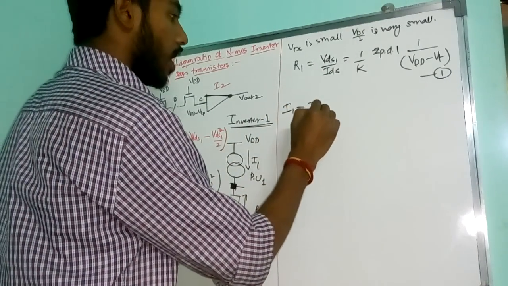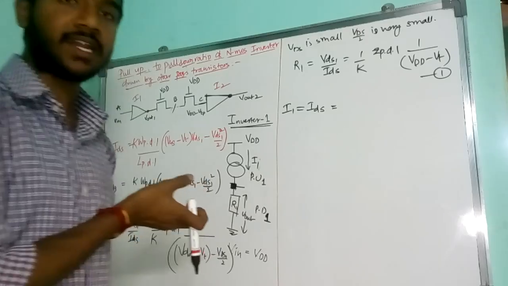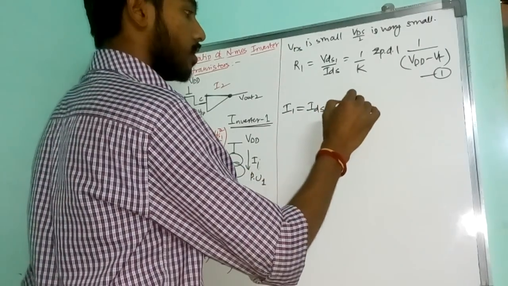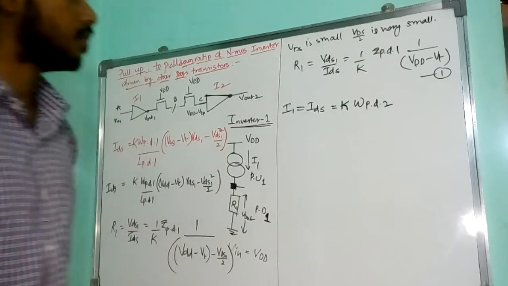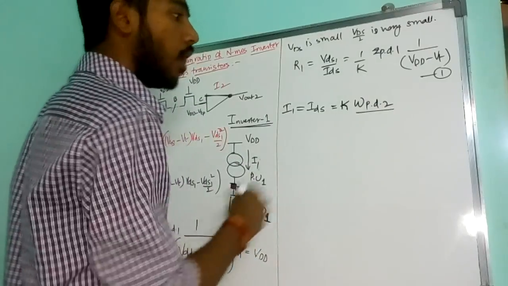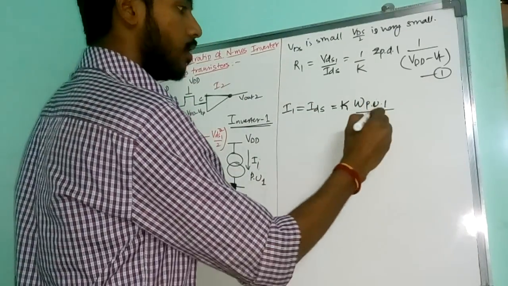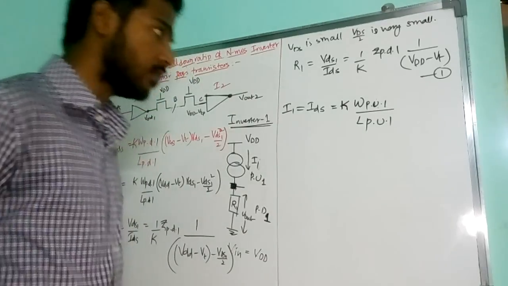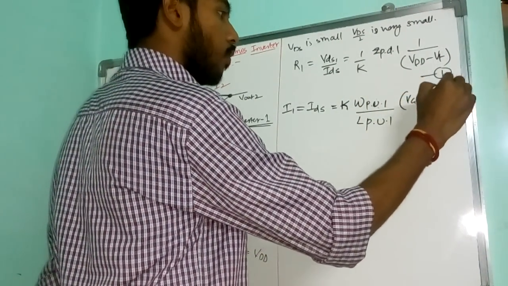So I1 equals IDS, equals, now this is acting as a current source, so it is in the saturation region, K times omega pull up of the first inverter by L of pull up of the first inverter into VGS minus VT whole square.